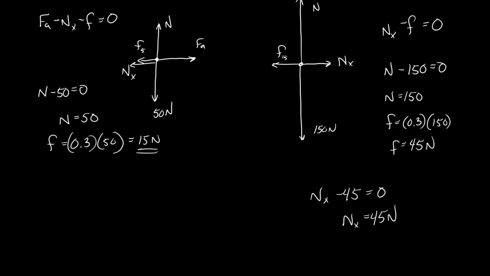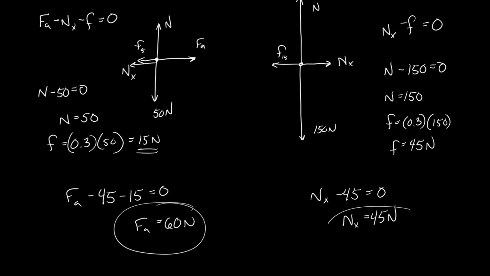On the other side, FA minus 45, because the normal force in the x direction is 45, minus 15 equals 0. Well, look at that. That means the applied force was 60 newtons all along. So I don't have to do the other part of the problem. That was the answer.